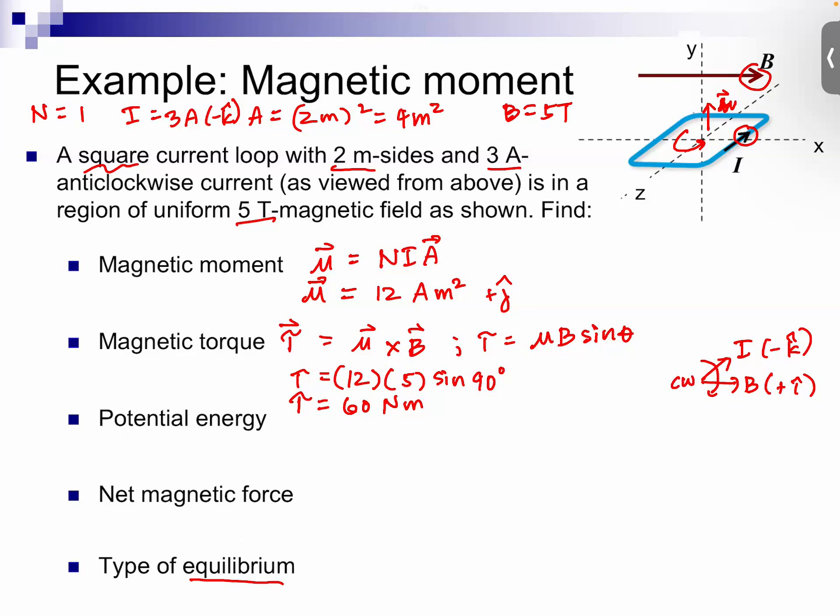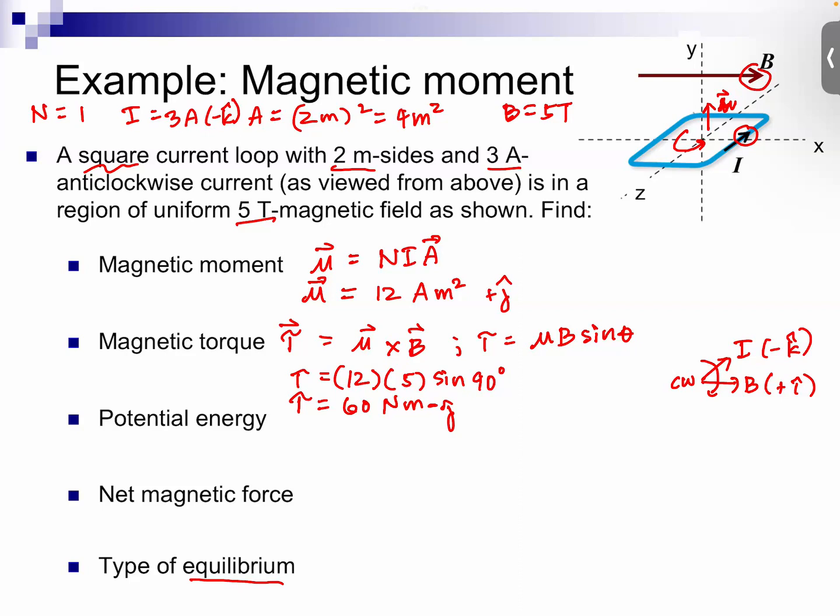Hence, the direction will be J hat, and you're doing the cross in the clockwise direction, so that's a minus J hat there. Good. So the torque is not zero.